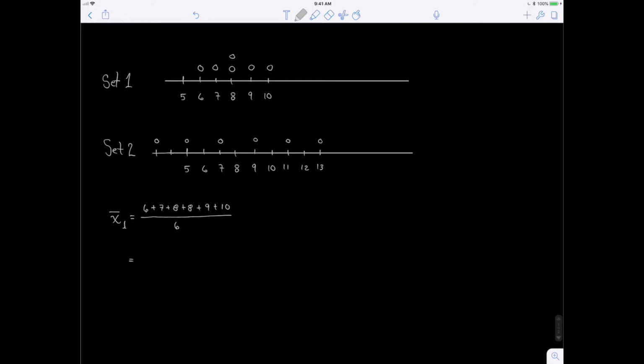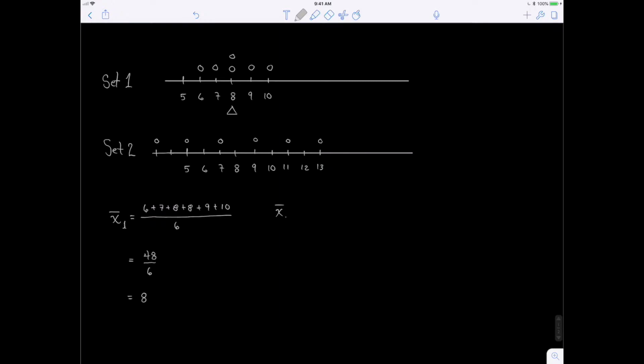So 6 plus 7 is 13. 13 plus 16 is 29. 29 plus 9 is 38. 38 plus 10 is 48. So I have 48 divided by 6, so the mean for the first data set is 8. I'm going to put a little triangle underneath that 8, because that's the mean for that data set.